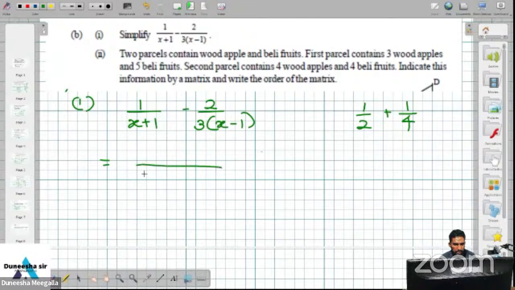Let's write it in front by hand: (3x minus 1)(x plus 1). Then the numerator is 1, but we added 3x minus 1 to the denominator, so we should balance the numerator and denominator.